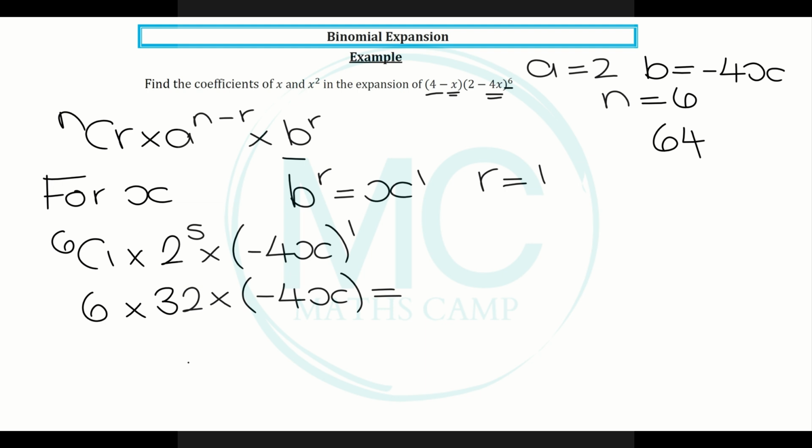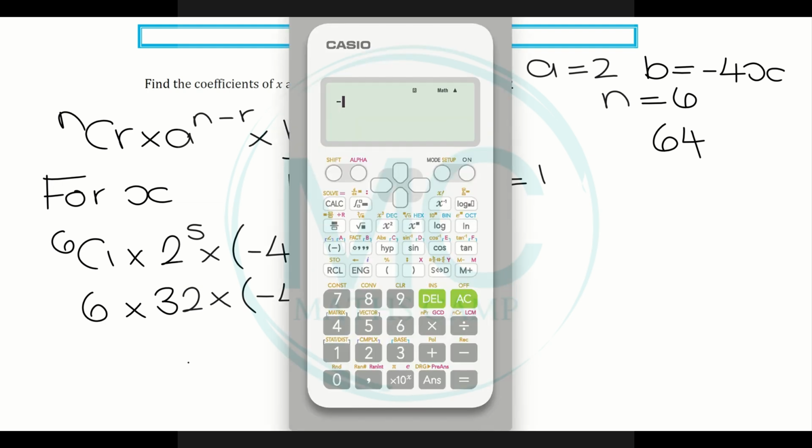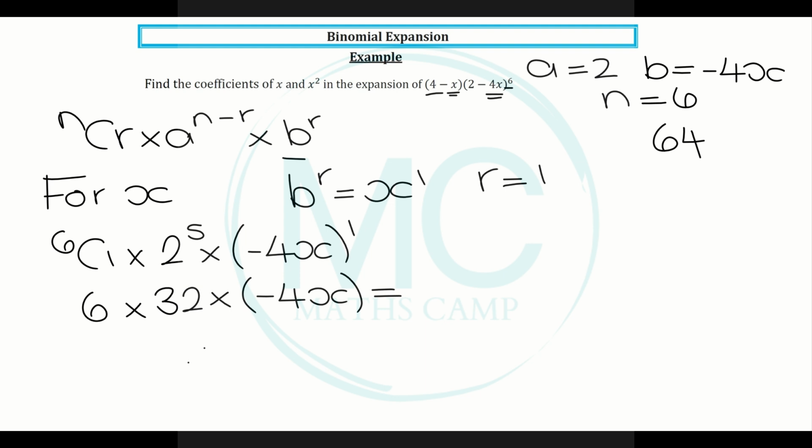Take your calculator. We have negative 4 multiplied by 6 multiplied by 32 is equal to negative 768. This is our x term. I'm going to write this up here, negative 768x. Now all we need is our square term.